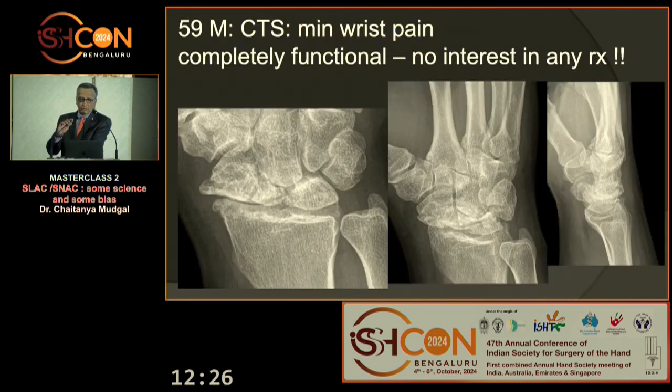So let's look at this person who came to see me for tingling and numbness in the hand, and I noticed that he had a large radioscaphoid swelling dorsally. So I teach my residents that if you see a radioscaphoid swelling which is eccentric to the radial side of the mid-axis, unless proven otherwise, it's either a SNAC or a SLAC because it's a predictable swelling. Sure enough, we got his x-rays and that's what it showed.